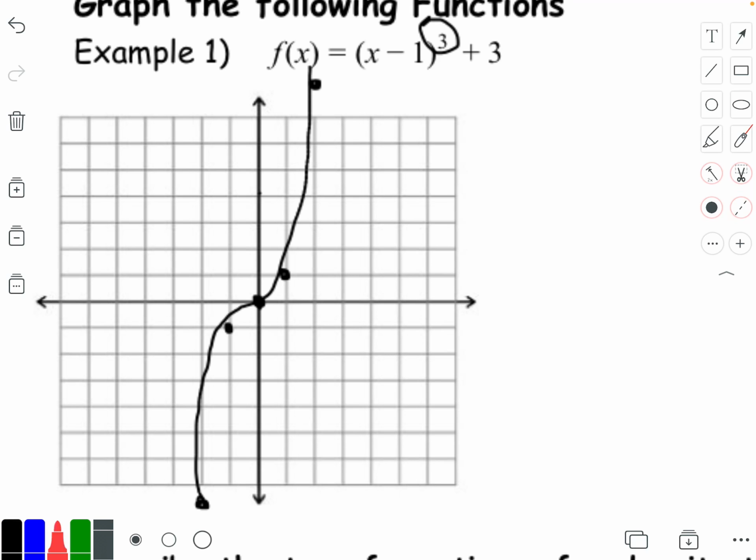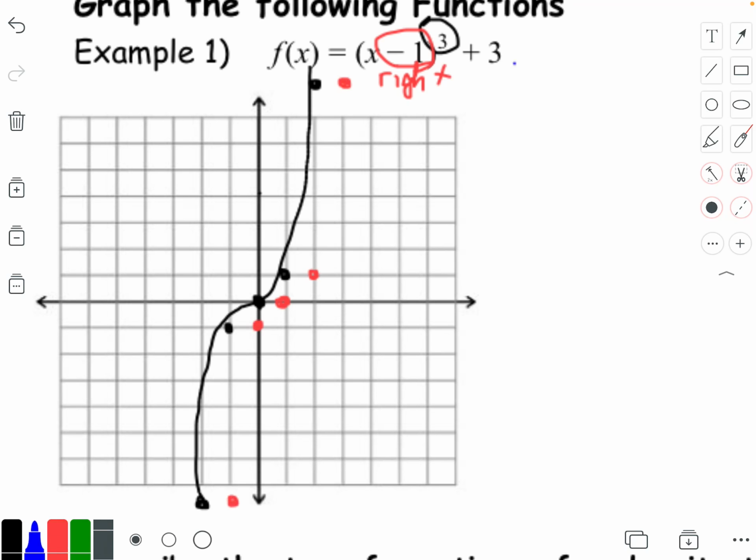So then let's look at these transformations that are occurring. So we have a -1 inside the parentheses with the x. So that means that we're going to be going right one space. So I'm going to take each one of these points and move them to the right one space.